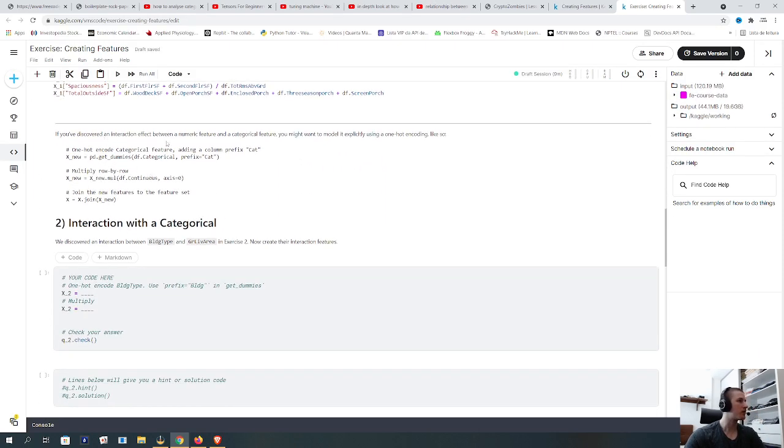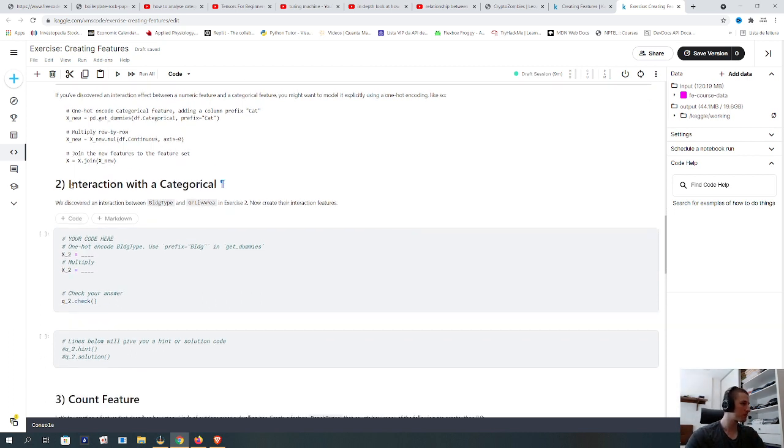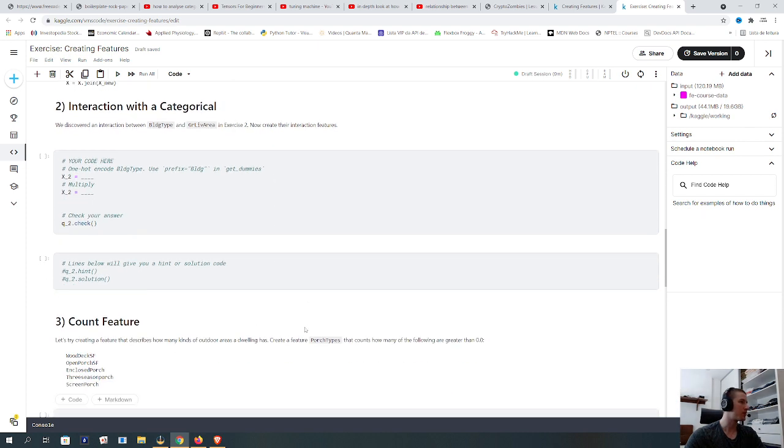We've discovered an interaction effect between a numeric feature and a categorical feature. You might want to model it explicitly using a one-hot encoding. So, interaction with a categorical. We discovered an interaction between these two things in exercise 2.